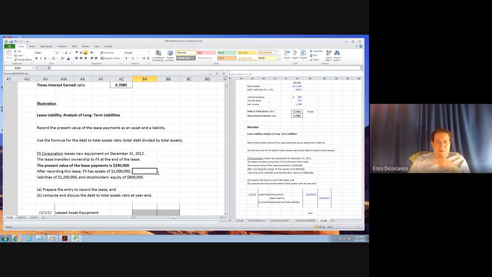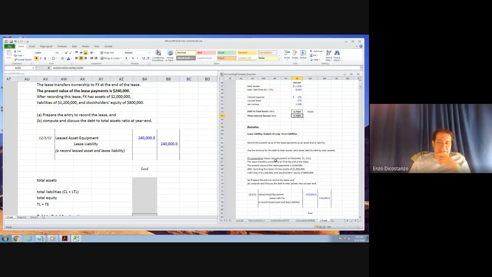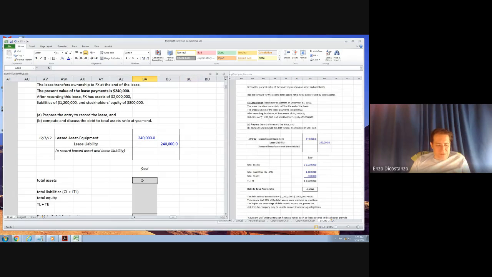Again, what the assets the company has, what the stockholders' equity is, what the liability is. Obviously equity and liability have to equal assets. This is 240, 1, 2, 3. So this is 2 million. And we're just going to add these two together.